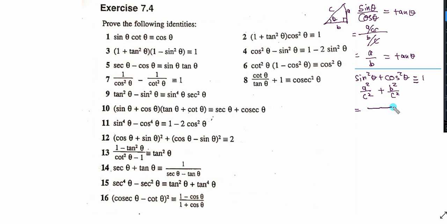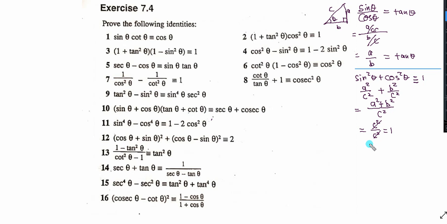Okay, since they have the same denominator, which is C square, we can combine them. So it's A square plus B square over C square. Now A square plus B square, you look at this, is a right angle triangle, so A square plus B square actually equals C square. So C square over C square simplifies, you get a 1.